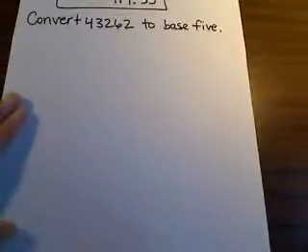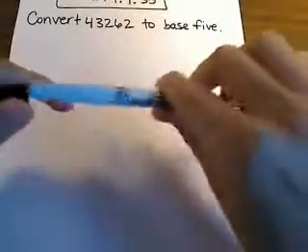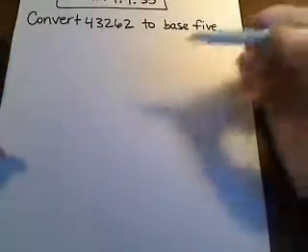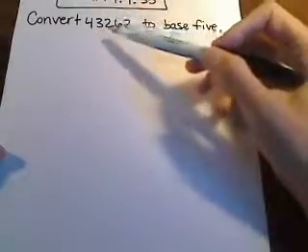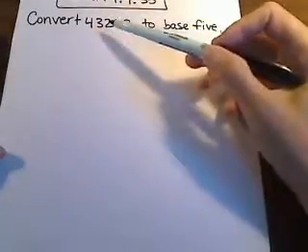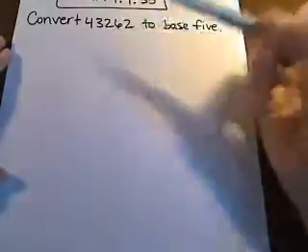So if we're going to go into base 5, the first thing that we need to do is take a look at all the different powers of 5. Because we're going to try and convert this, we want to think about how many of each place of 5 is in this number.